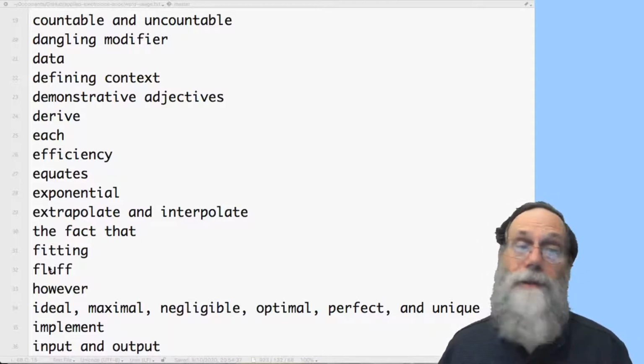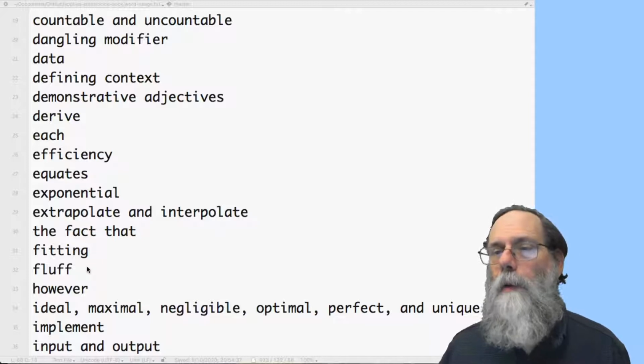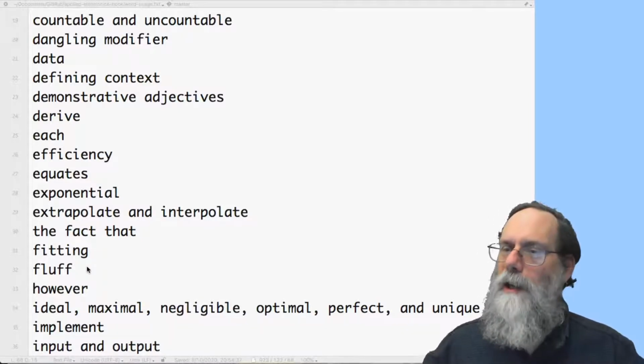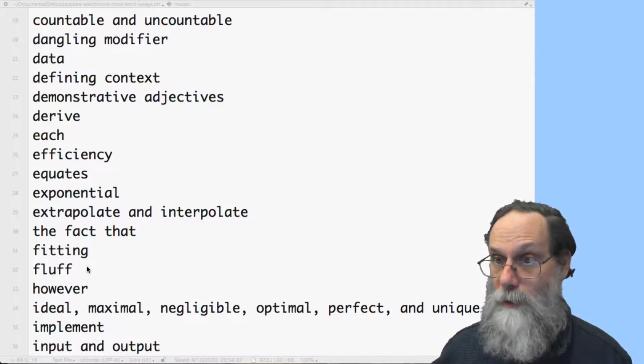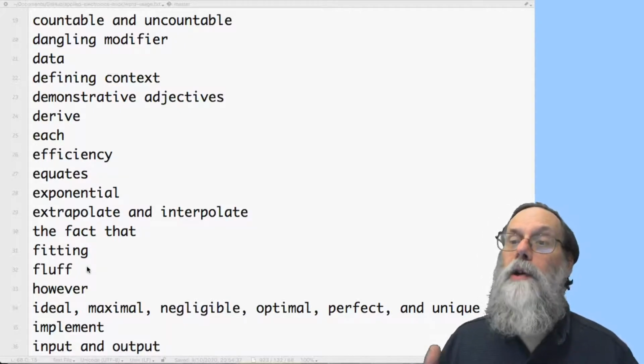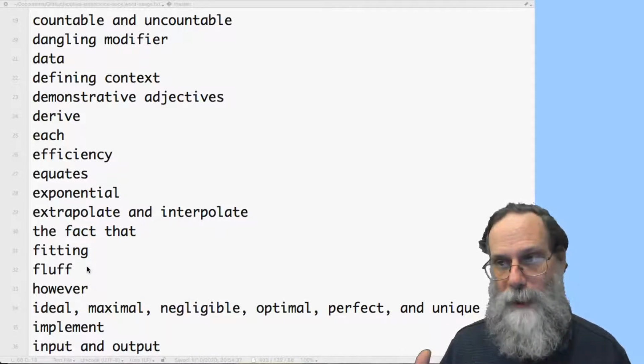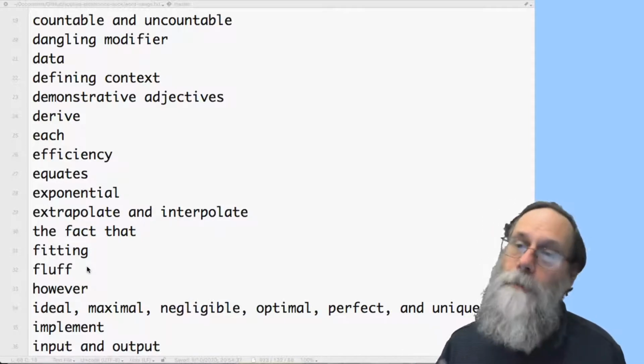It's fluff. There's another good word. When I mark fluff on your paper, it means that you have done a whole bunch of padding words, things that make your document longer while containing essentially zero information. It is important to note that.